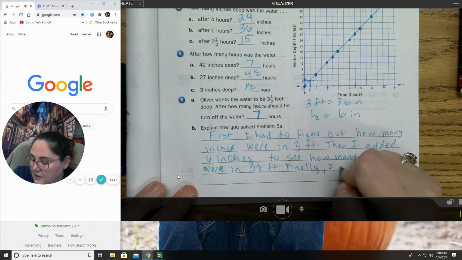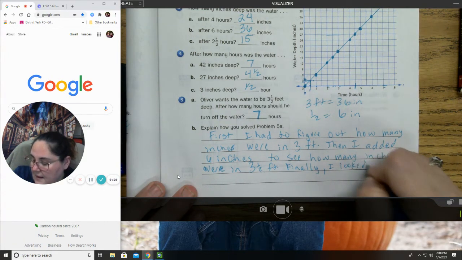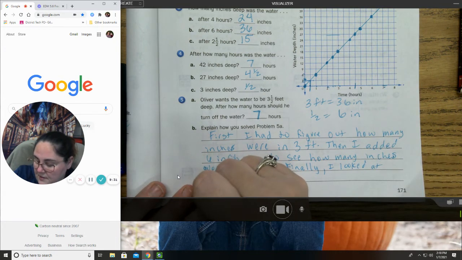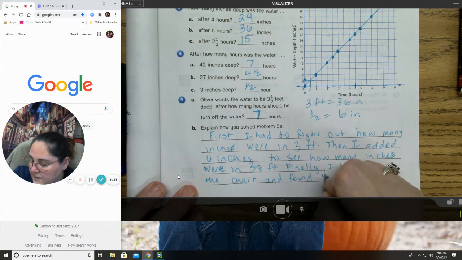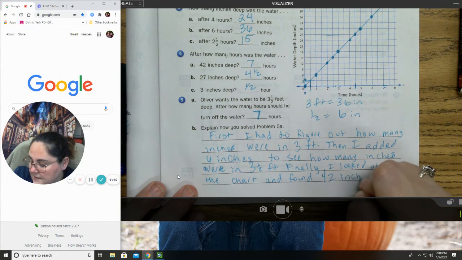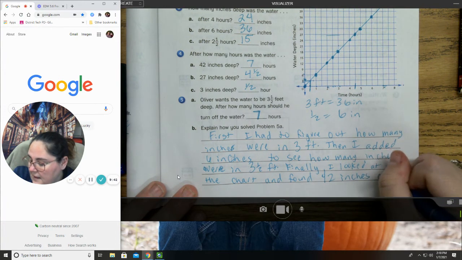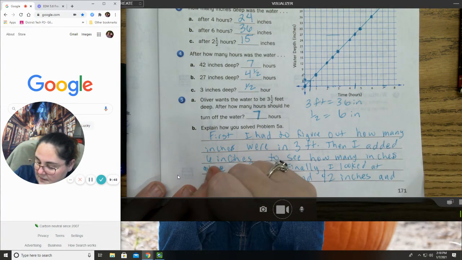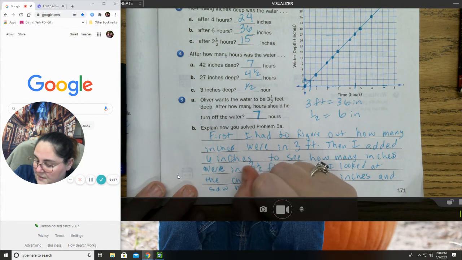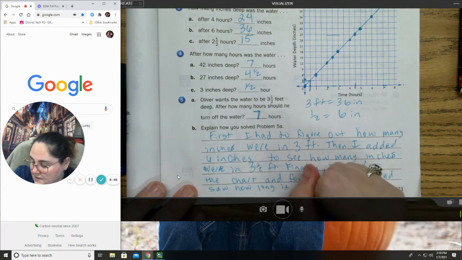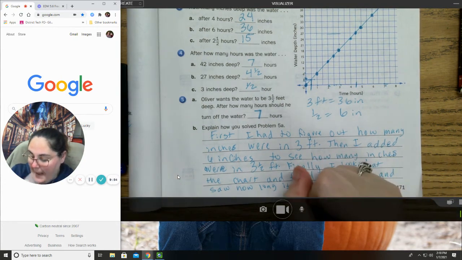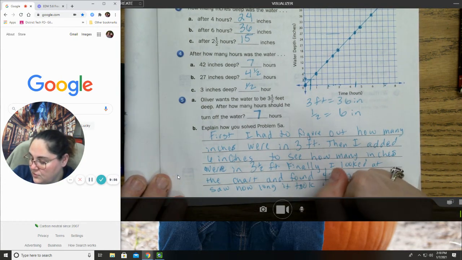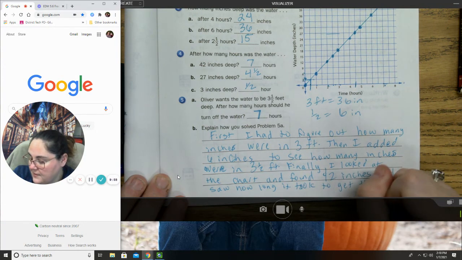Finally, I looked at the chart and found 42 inches and saw how long it took to get there.